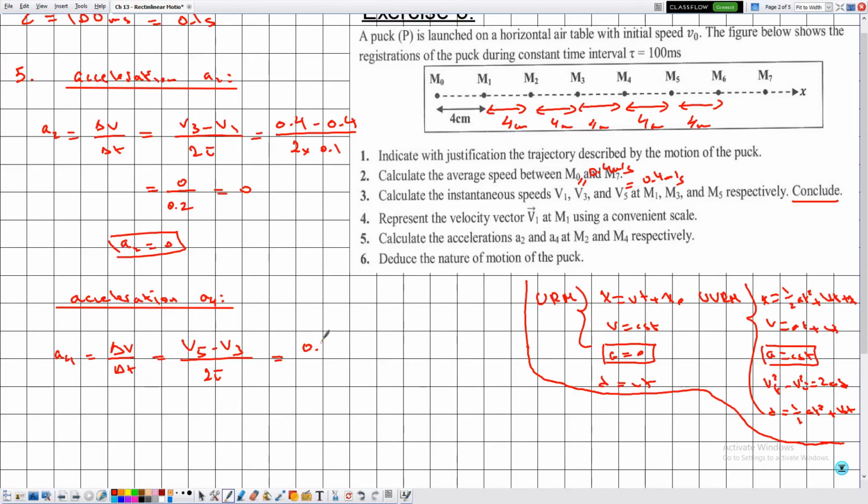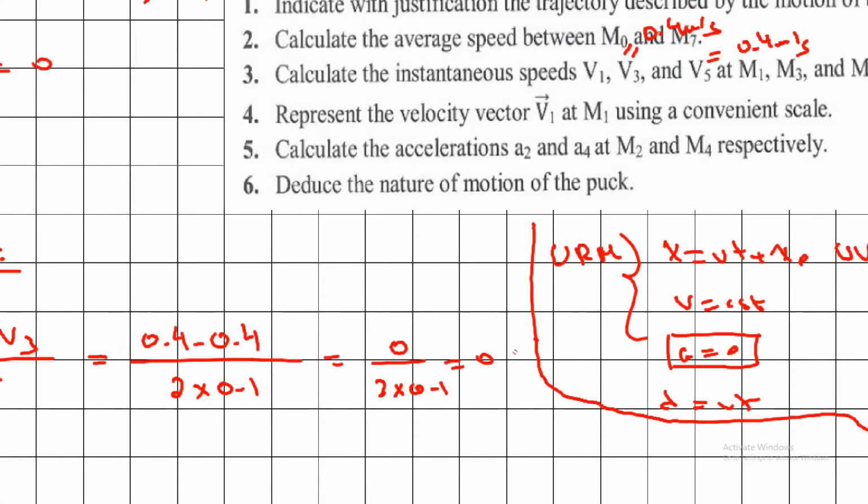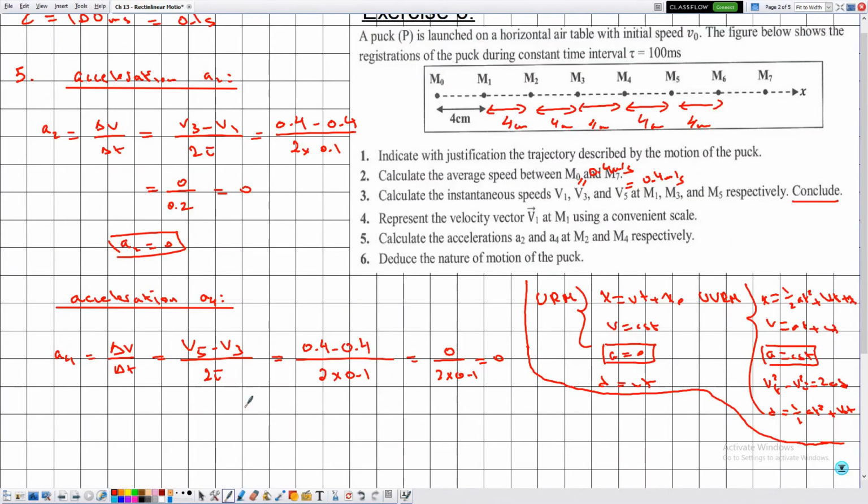So this is 0.4 minus 0.4 divided by how many taus? 2 taus, which is 2 times 0.1. And this is equal to 0 divided by 2 times 0.1, which is equal to 0. And no need to place a unit here because anything multiplied by 0 is 0, so A4 is equal to 0. So the instantaneous acceleration at the point 4 is 0.